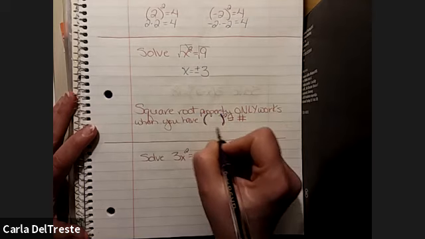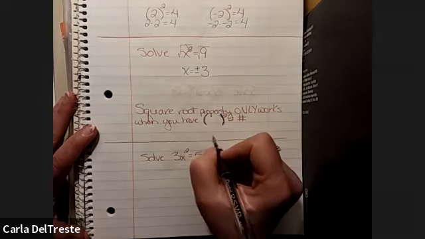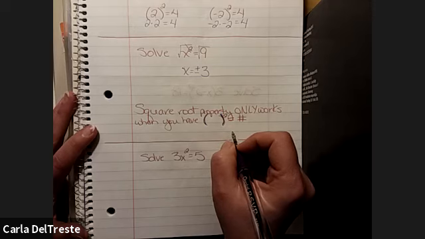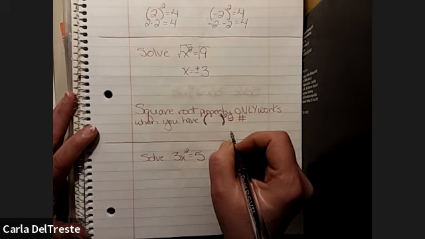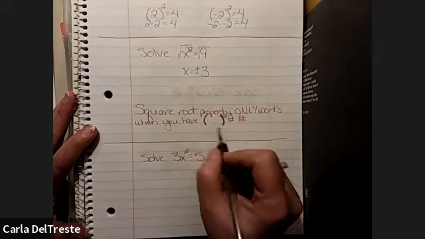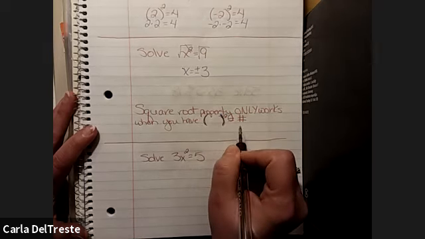If you can't get it to look like that, then the square root property is not the technique you're going to use. You would have to use one of the other techniques, either factoring or our next video, the quadratic formula. So the square root property is very limited and only works for these special situations. It's got to be able to get broken down to look like this.